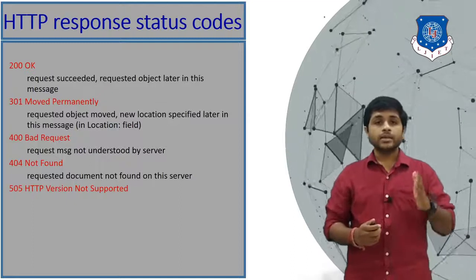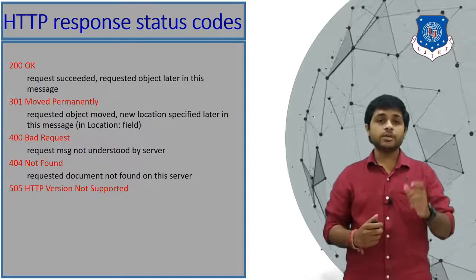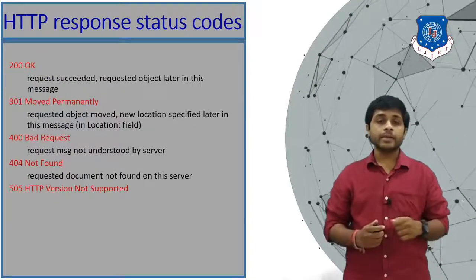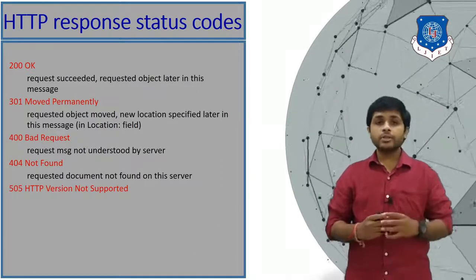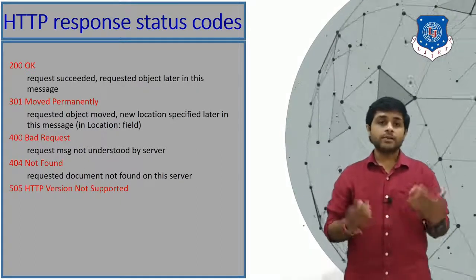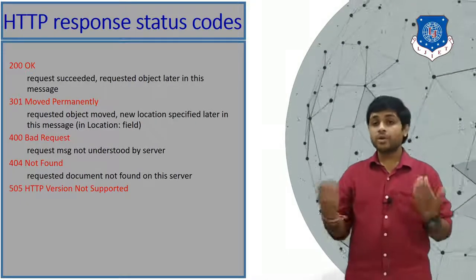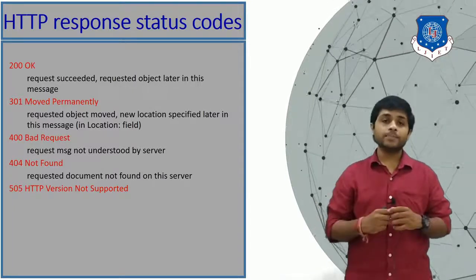So you can see that the code has different meanings. For example, if you are receiving the number 200 in the status line, it means that the request succeeded. If you are receiving 301, it means that the website has moved to another IP address or another location, so please retry and access using that particular IP address.